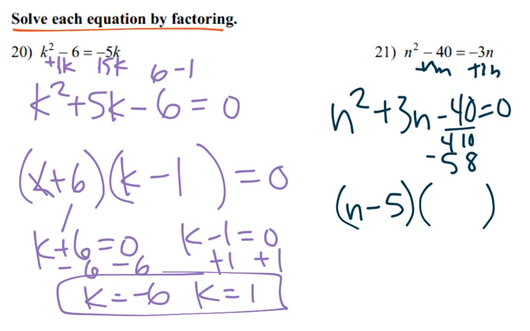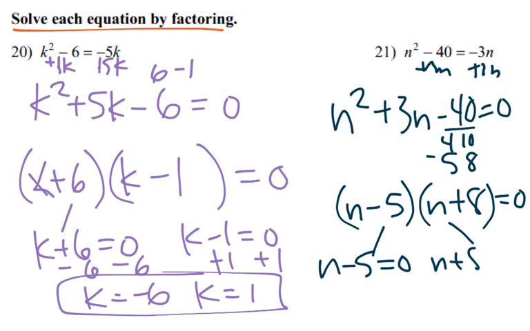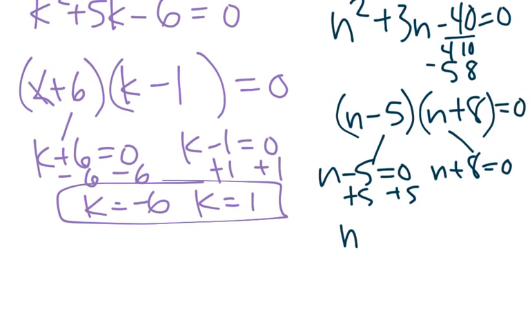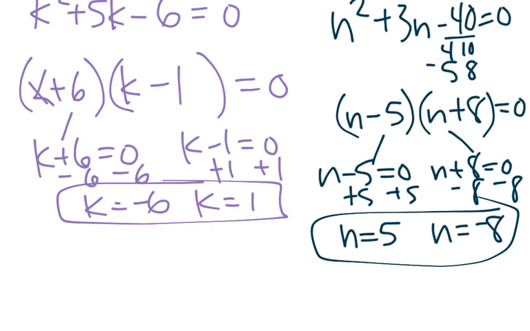So n minus 5, n plus 8 equals 0. Separately set them equal to 0 and solve. So we end up with positive 5 for n and negative 8. And those are our two answers.